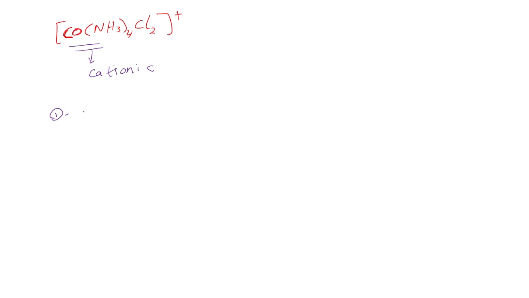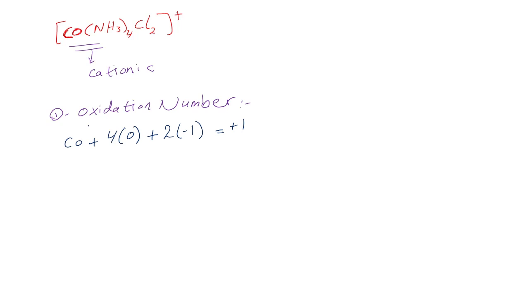Now let's calculate the oxidation number of the cobalt. Cobalt plus 4 times 0, because ammonia is a neutral monodentate ligand, plus 2 times minus 1 equals plus 1. So the oxidation number of cobalt is plus 3.